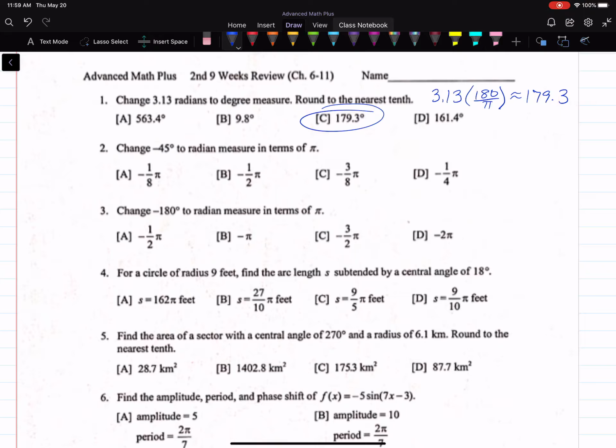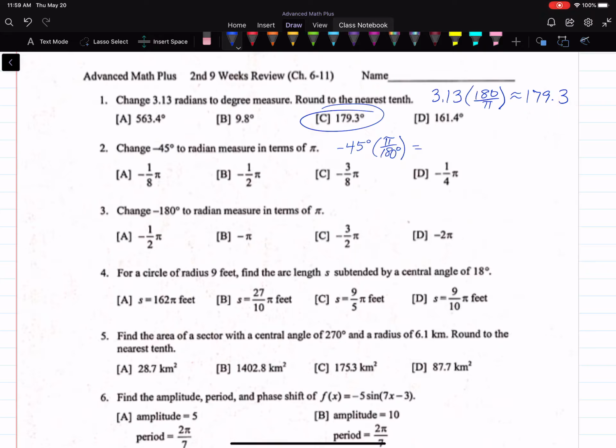Number two, you're changing from degrees to radians in terms of pi. So we're doing the other direction here. We're going to say negative 45 degrees times pi over 180. And so this time, you know it's going to be pi.